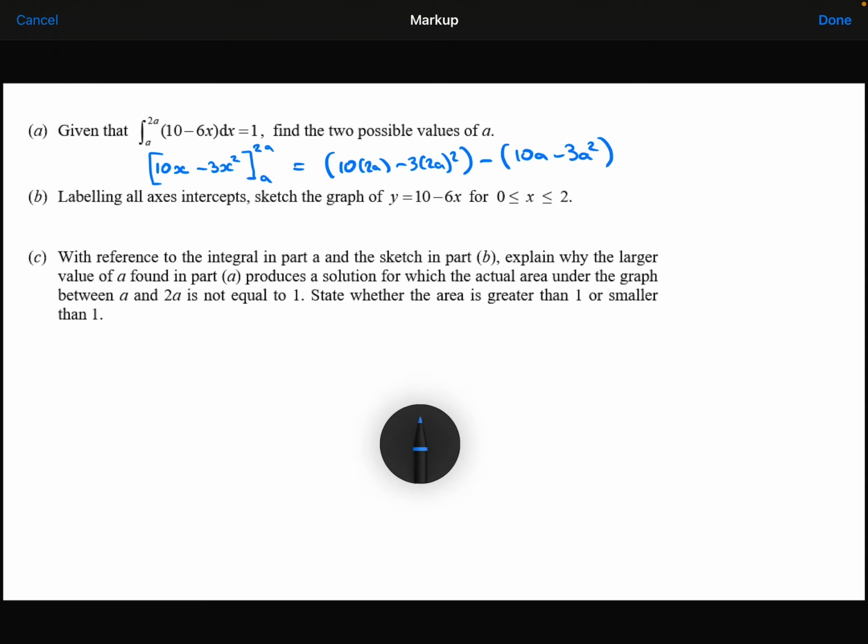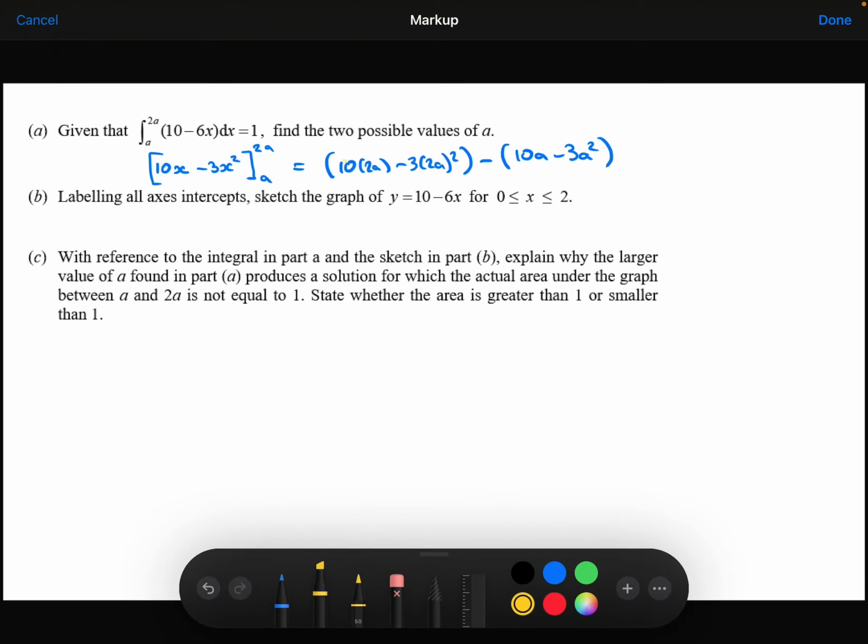Now let's just tidy up that a little bit here, because we've got the 10 times the 2a, which is 20a. Then we've got the 2a squared. So 2a times 2a is 4a squared.